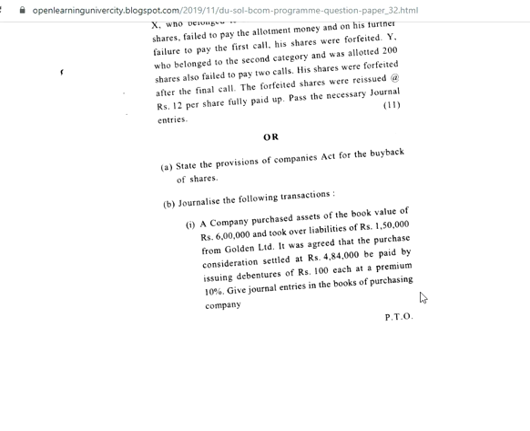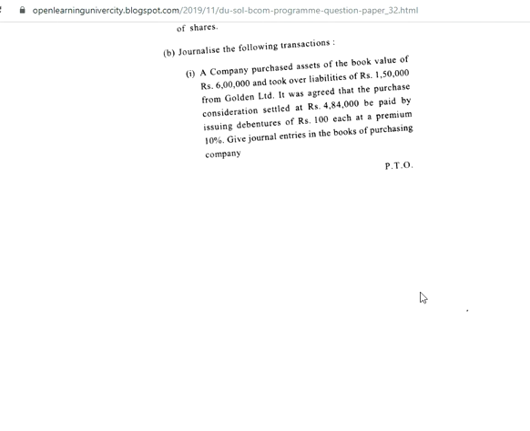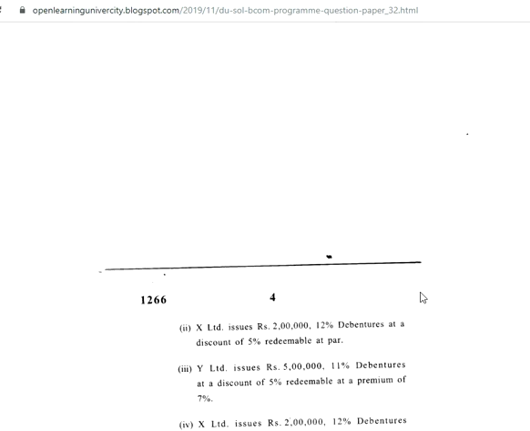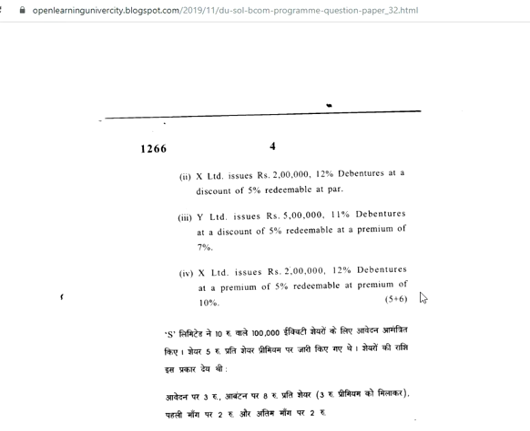You have to attempt either the upper one or the lower one, part A or B. So you can read the questions carefully. You also have to pass general entries in the same question, but the question is different. This question contains 6 marks, so this is easier than the first one, so you can read it carefully and answer it.